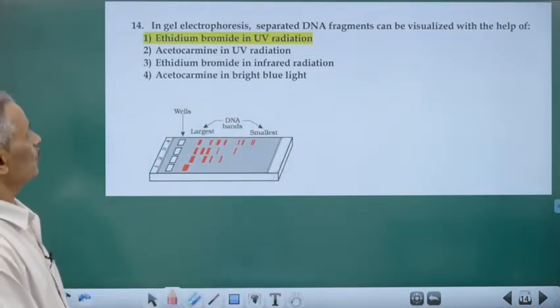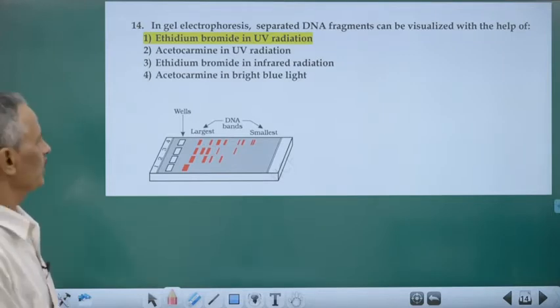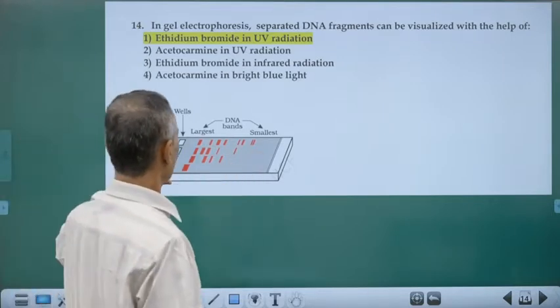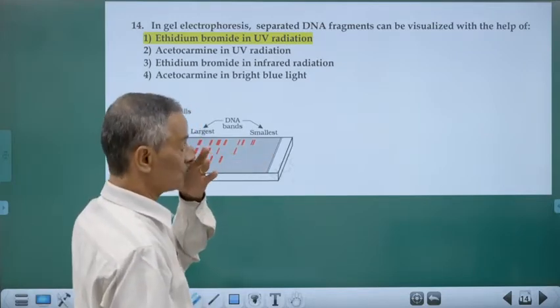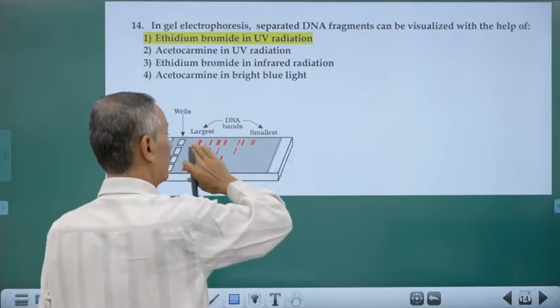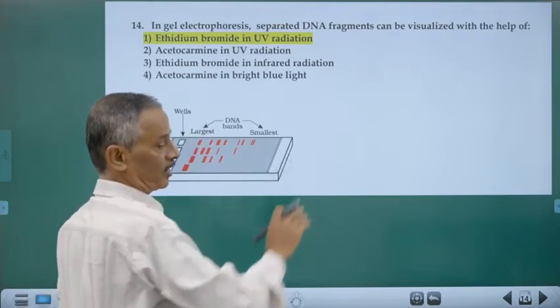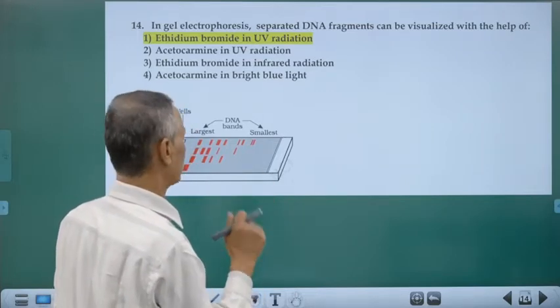In gel electrophoresis, separated DNA fragments can be visualized. How can you see the DNA fragments? This is a glass plate on which you have made a thin film of agarose gel, and this is the medium in which the DNA is running, and depending upon the sizes, they are all running at different speeds.